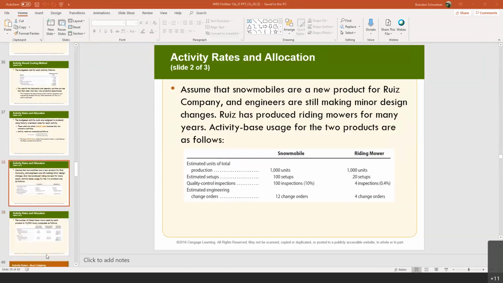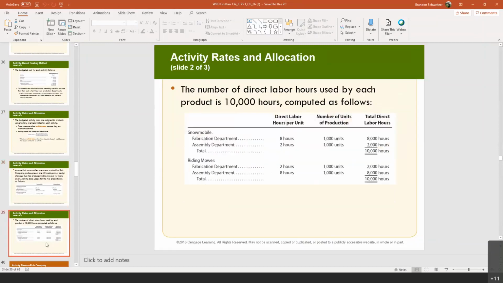The reason I'm showing you this example is because I want you to understand the concept that with activity-based costing, while the activities are the same for both products, the amount of activity involved in each product is different. So what we do ultimately is look at how many hours it takes to do each product in the respective areas.